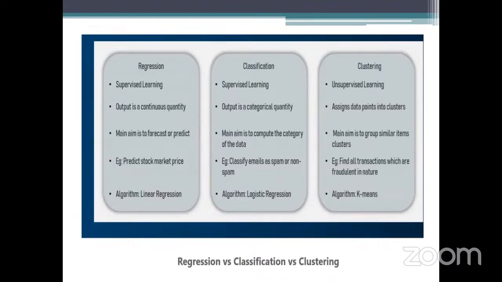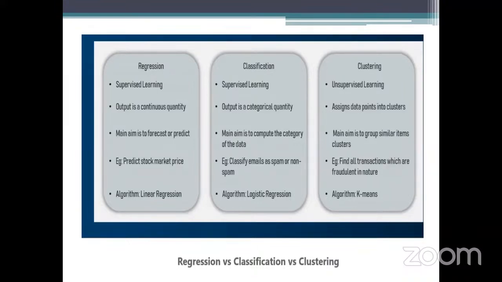It's going to vary, right? It can have an infinite range of values, correct? So for a problem where you have to predict a continuous quantity, you make use of a regression algorithm. A regression problem can be solved using a supervised learning algorithm like linear regression.